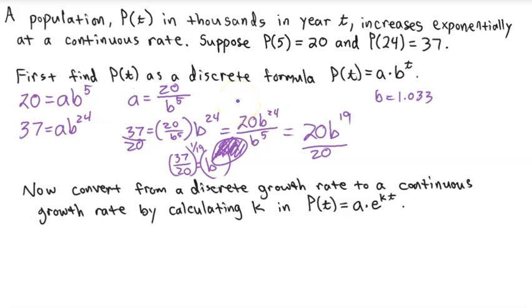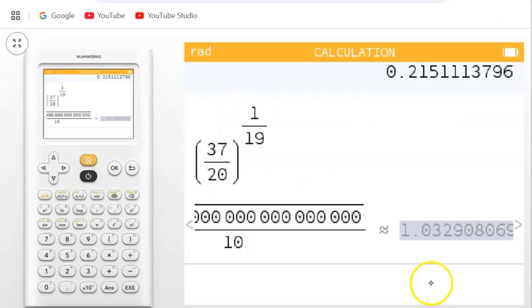Now if we want to solve for A, we need to do A equals 20 over B to the 5th. So A is going to be equal to 20 over 1.033, and that's to the 5th power. And we'll go into the calculator. Now I'm actually going to use the answer feature here because this is a precise answer. The answer button is down here.